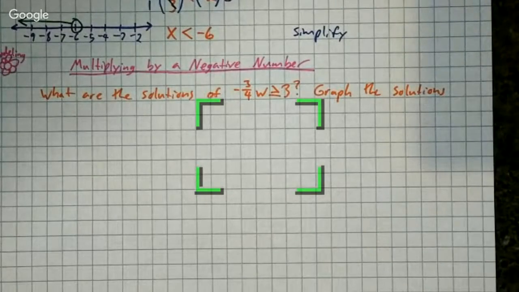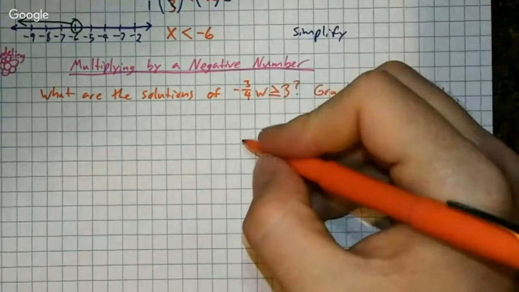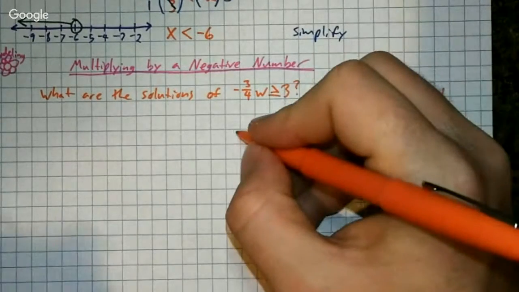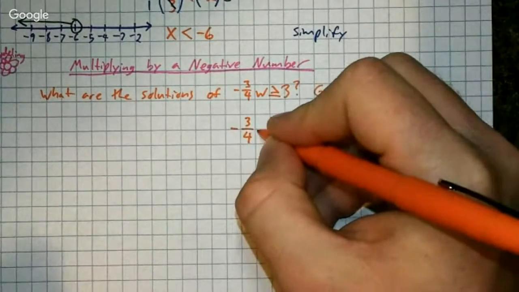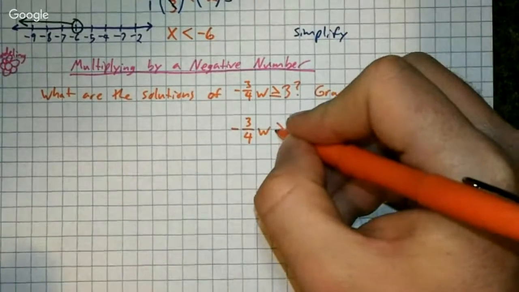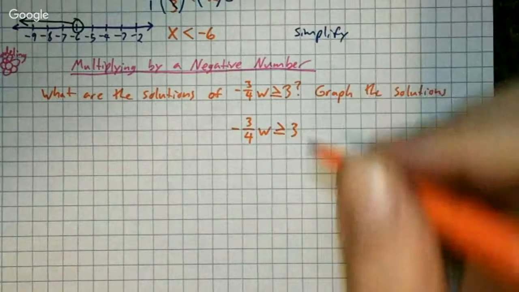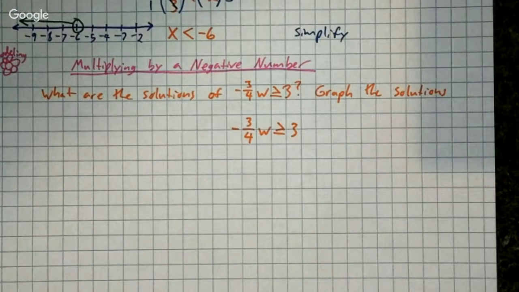So obviously my first step is going to be rewriting the problem, which is going to be negative 3 over 4 is 3 over 4 W is greater than or equal to 3. Okay, now what am I going to do next?